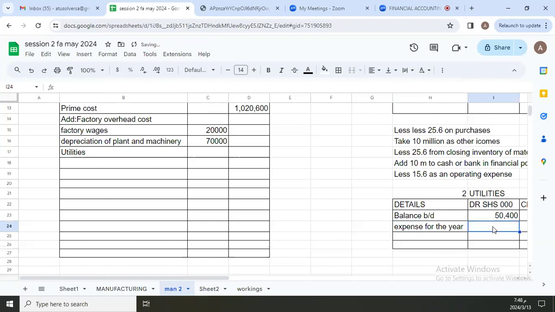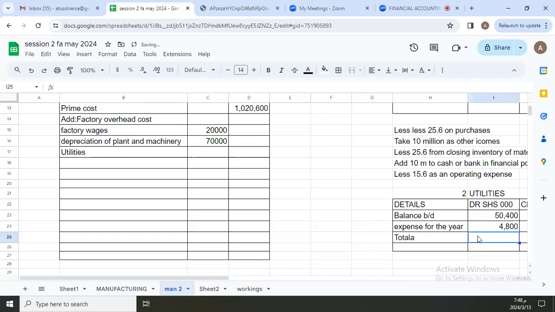So our expense for the year, it is how much? 4,800. So if it is 4,800, remember we don't have anything, we want to get our total. So when we get our totals, we are getting how much? We add this plus this.